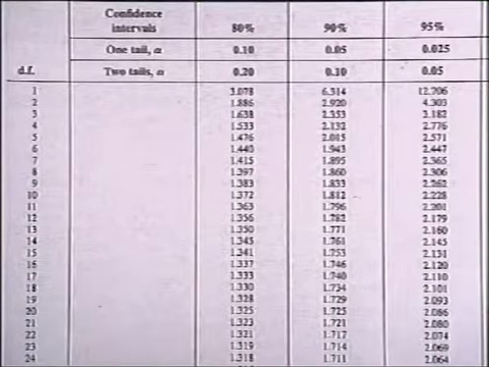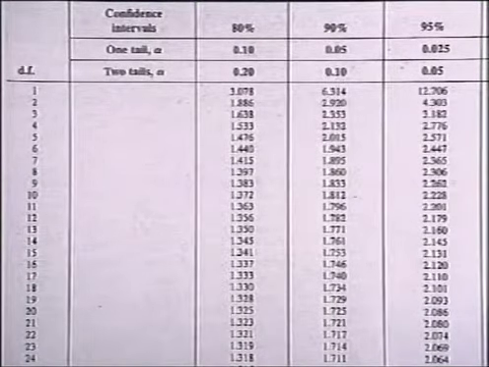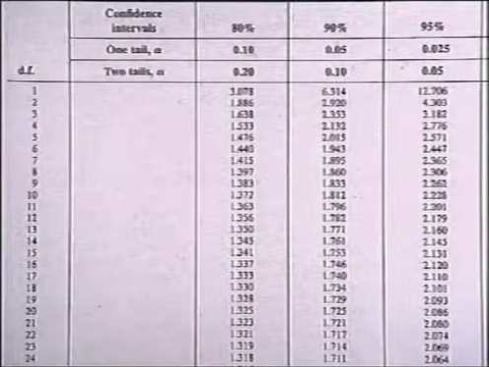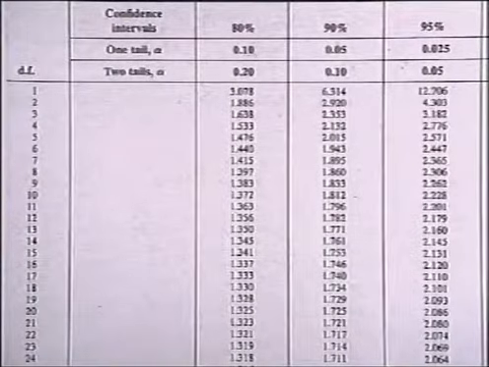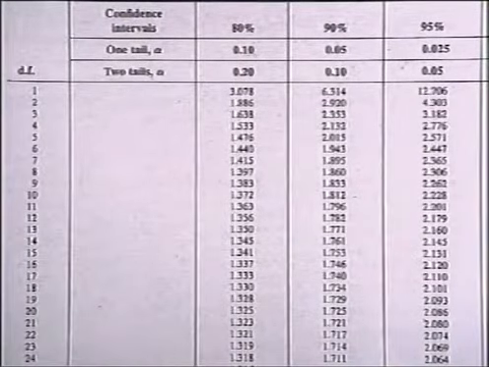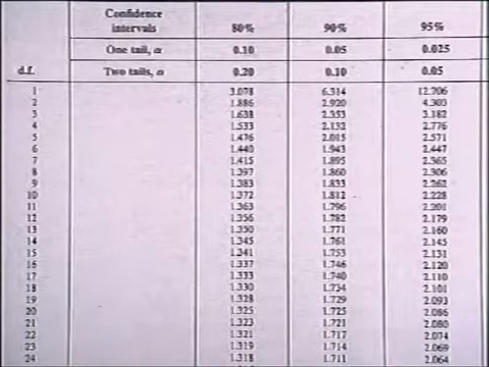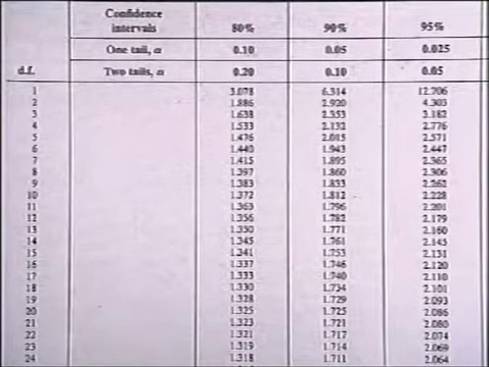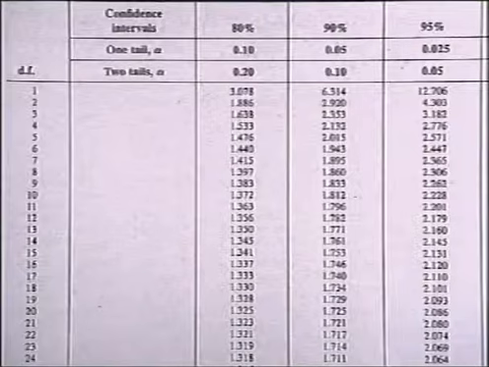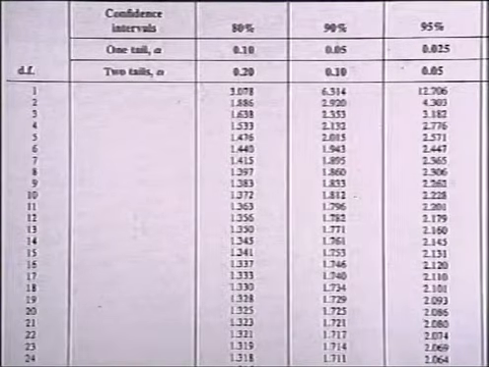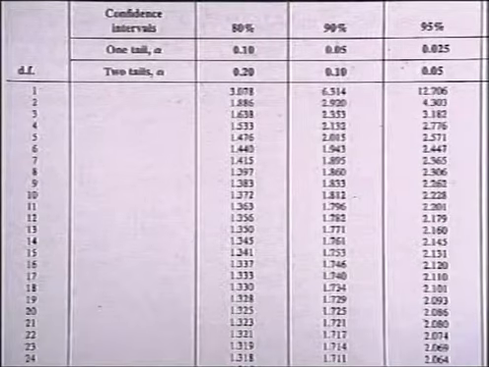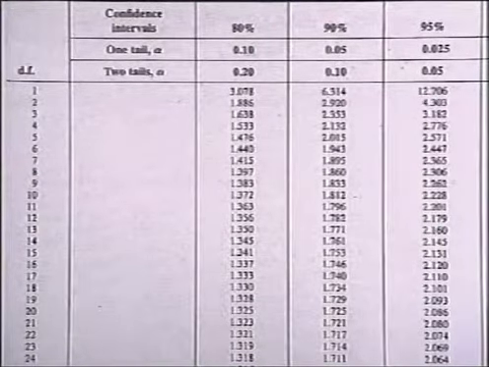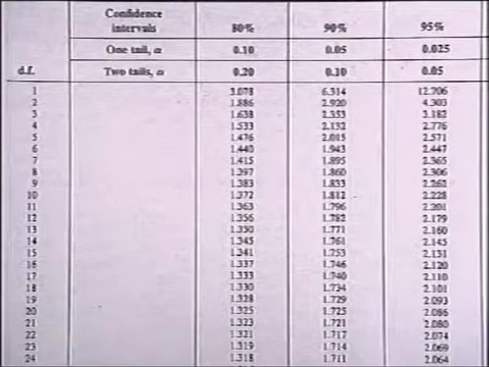Now, what was the number on the normal distribution? 1.96. So I've got to be a little bit bigger. How much bigger do I have to be to be sure of myself? If I'm only sampling 25 people, then I've got to be out 2.064 standard deviations, beyond that for a 95% test.